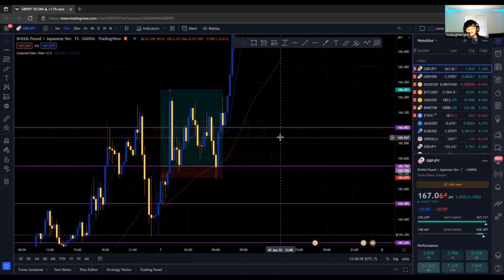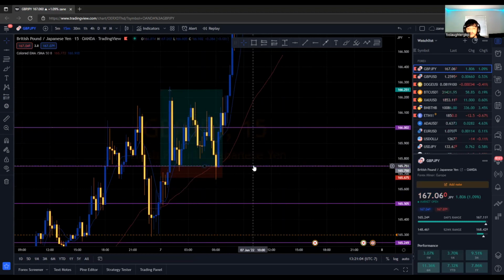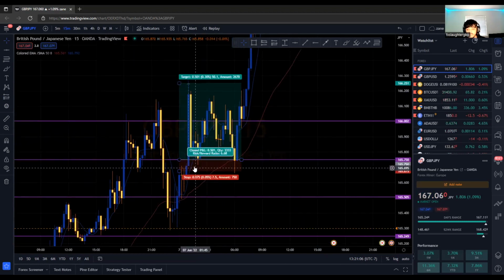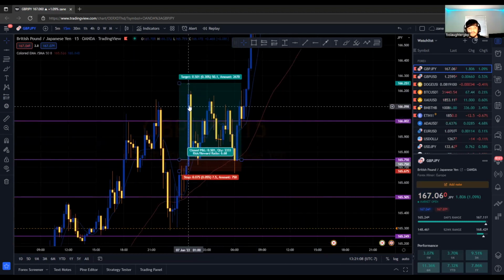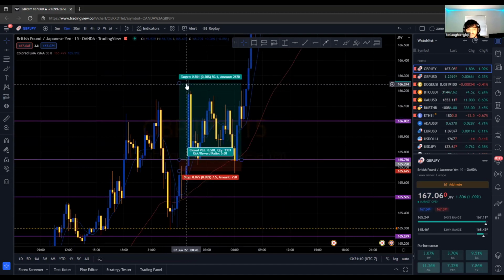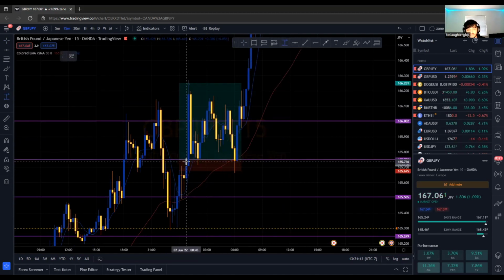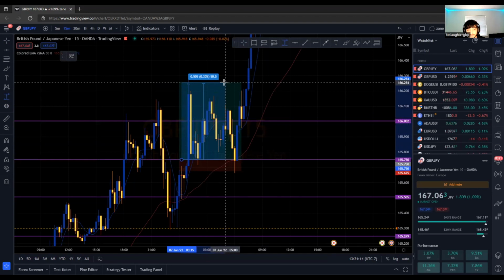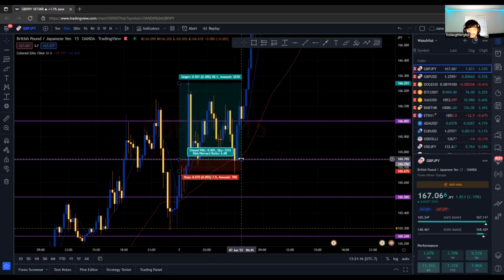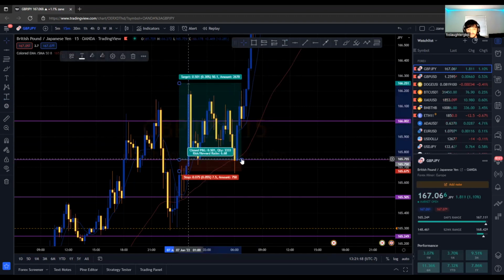For example, on GJ, we took a trade yesterday around 165.750. In less than 15 minutes, we already hit TP4, which was 50 pips. So that's what you can expect from GJ.